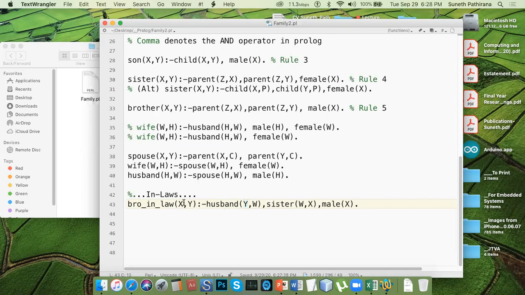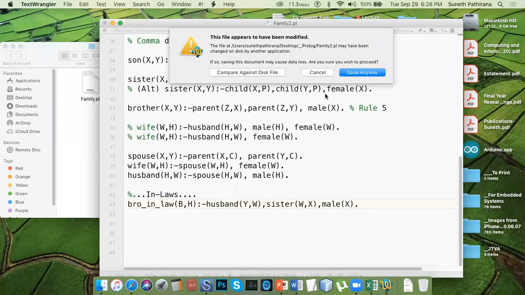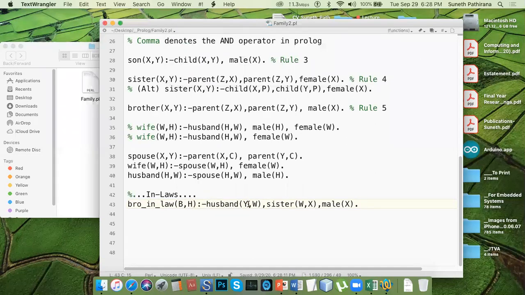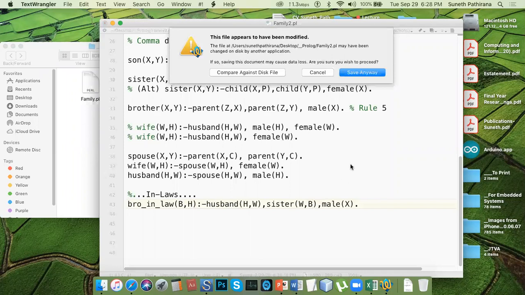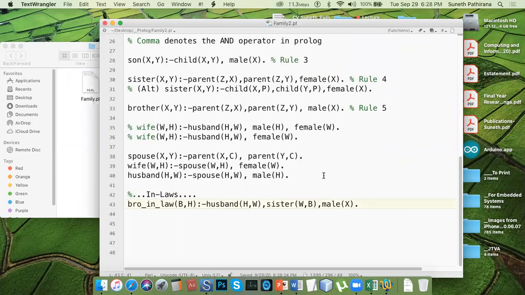Or we put capital B and H here. B is going to be the brother-in-law. H is going to be the husband of W. And again here, the brother. Okay, brother and sister, brother of W. Or here you can put sister.